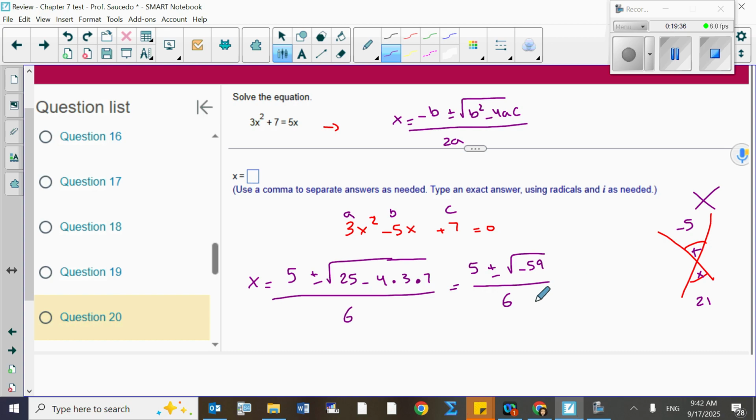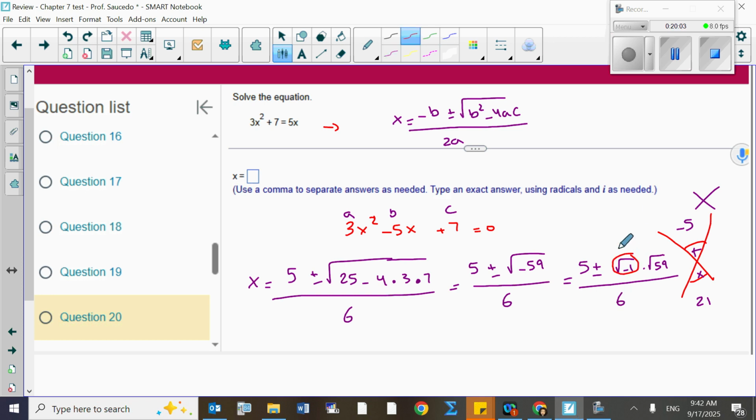So this is my answer, but since I have a negative in the radical, I need to take care of that negative. As you see, a negative in the radical makes us use i. So I can write 5 plus and minus square root of -1 times the square root of 59, over 6.